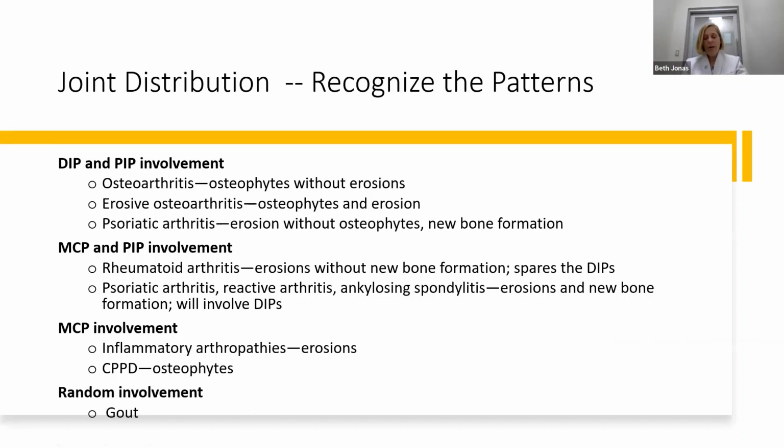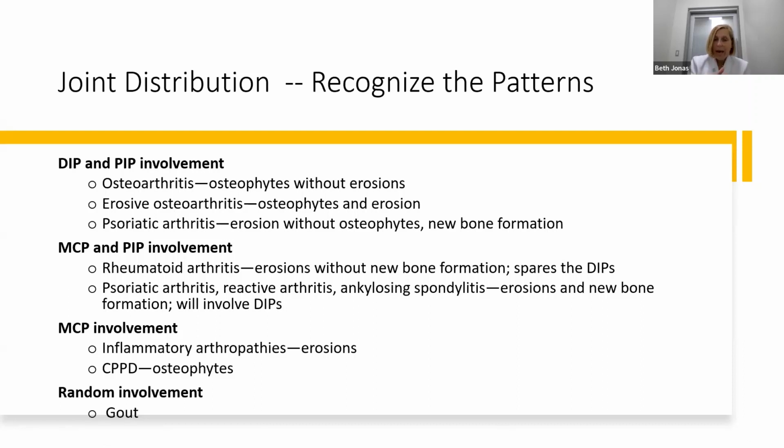So pattern recognition is really, really important. If you've got DIP and PIP involvement, you're going to be thinking about osteoarthritis, erosive osteoarthritis, and sometimes psoriatic arthritis. If you are seeing new bone formation, that might help you make a diagnosis of psoriatic disease. Patients with rheumatoid arthritis tend to have involvement of the MCPs and PIPs, often with the wrists, and sparing the DIPs.